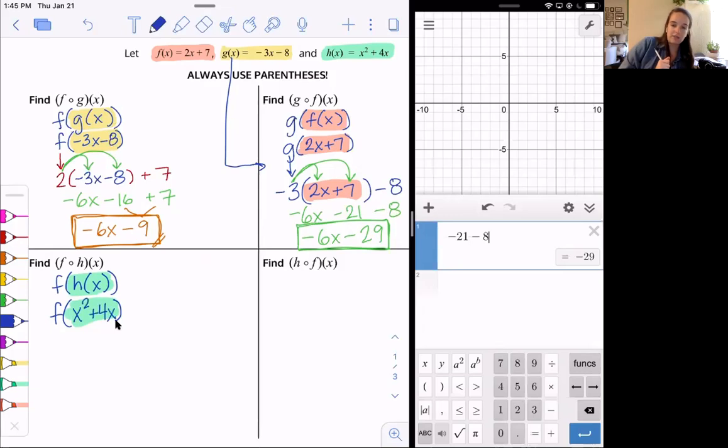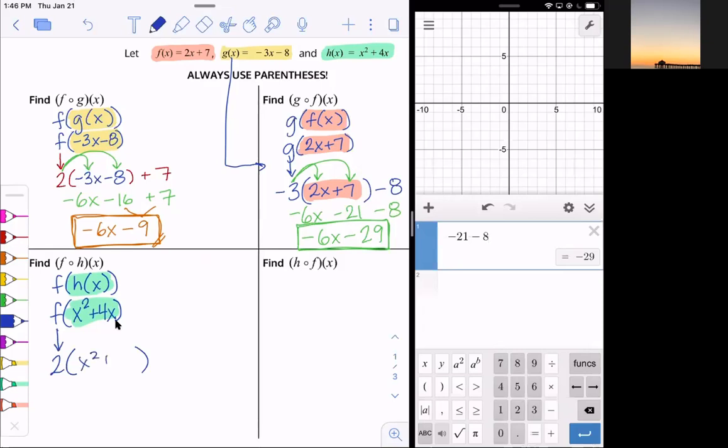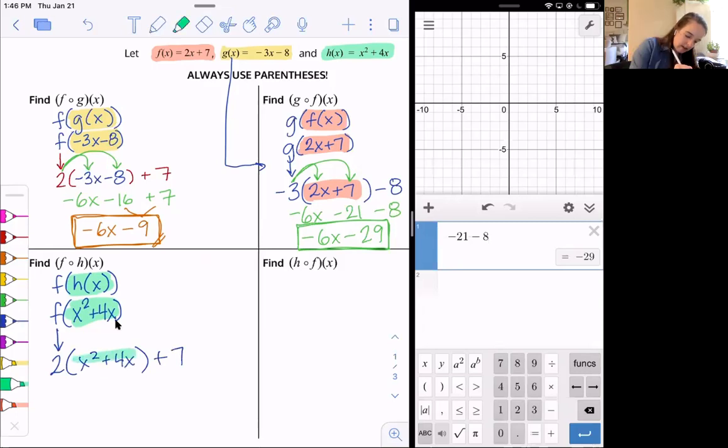Perfect. Awesome. Do you want to keep going with solving, or are you feeling good? I can go ahead and solve it if you need me to. Yeah, tell us what you got. So f would be 2 with the parentheses, and then the x to the power of 2 plus 4x parentheses plus 7. Like that. Did I write it right?